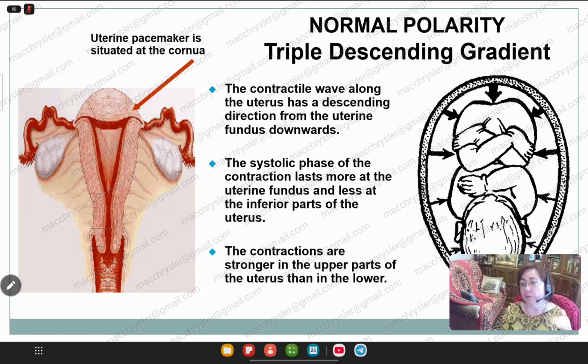If we divide the uterus into three parts, fundus, body, and lower segment, the maximum is in the fundus. In the fundus it starts earlier, is stronger, and the duration of contraction is longer compared with the parts below.